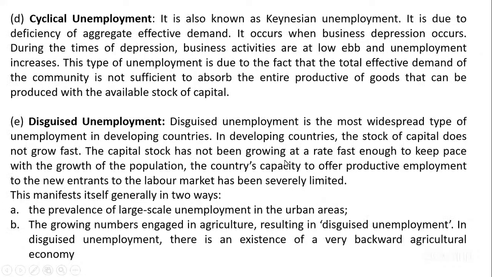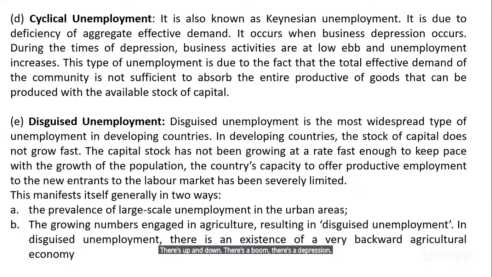The next one is cyclical unemployment. Cyclical unemployment is also known as sequential unemployment, which is due to deficiency of aggregate effective demand. It occurs when business depression occurs. In an economy, there is a fluctuation of the economic system: up and down, there is a boom, there is a depression.